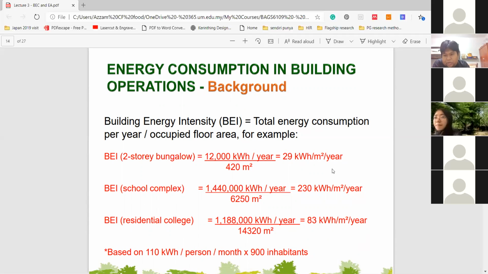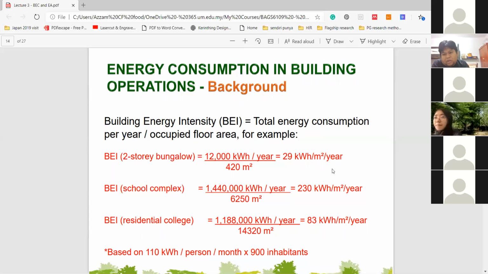My preference, usually I would divide it up with the whole thing, GFA, total, including the internal car park and everything else, okay? But some other people, they might calculate the BEI without the GFA. So not GFA, they calculate with the net floor area. So without the circulation area, without the toilets, without the car park and whatnot, but to me it's a bit awkward.